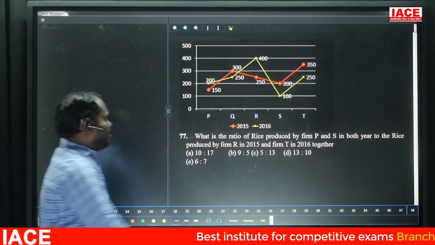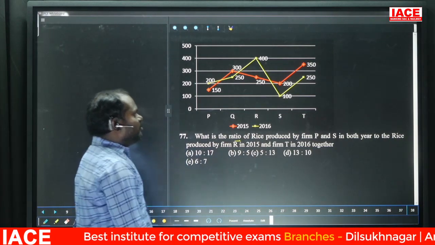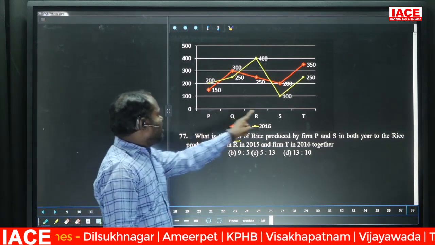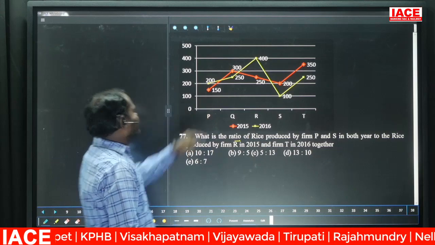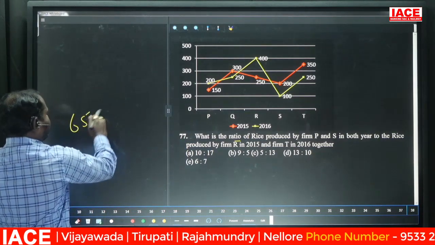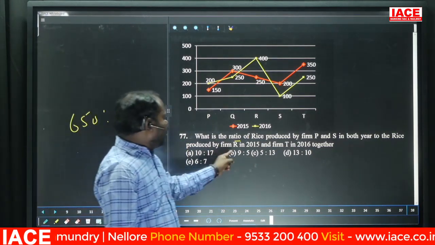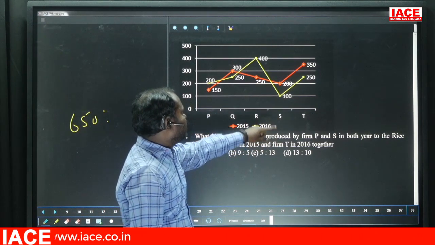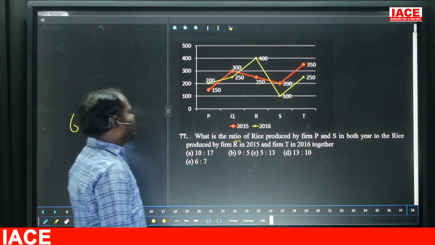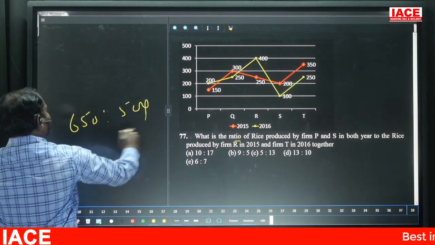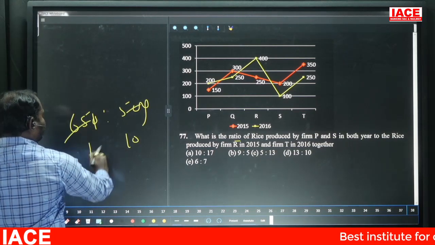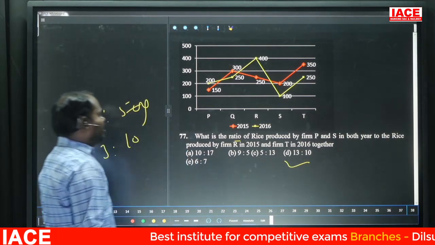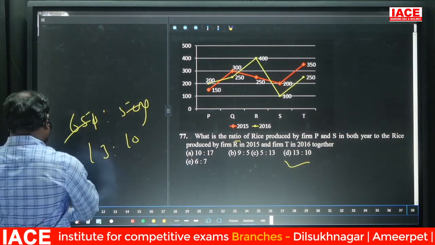The question is asking the ratio: P and S in both years, 300 plus 350, 650, is to R 2015, 250, and T 2016, 250, 250 plus 250, 500. Cancel 5 tens, 5 13s, 13 is to 10. Option D, 13 is to 10. Next.